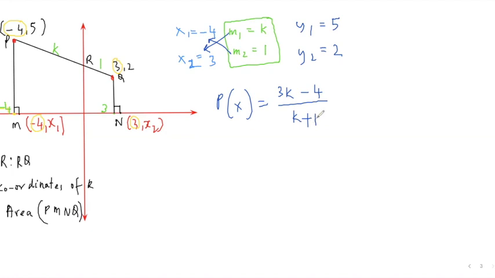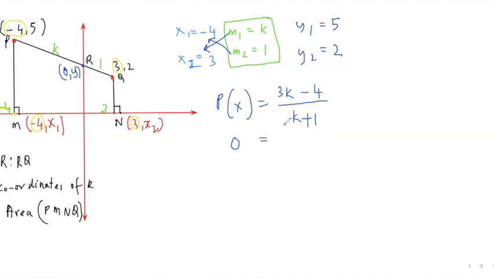We also know one of the coordinates of R. This would be 0 comma y, right? So we know the x coordinate of R would be 0.